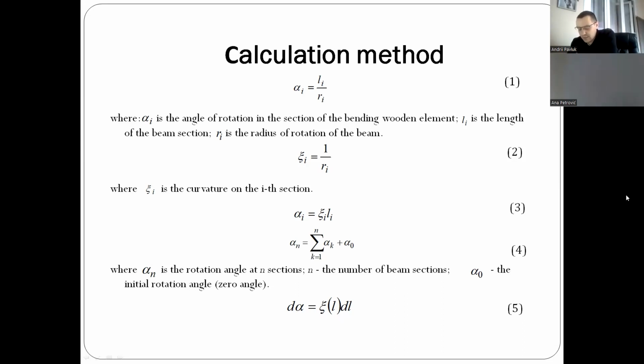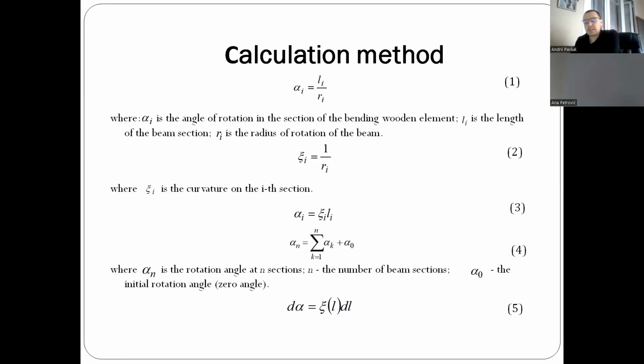The rotation angle of the two edges of this section of wooden beam will be equal to formula number 1, where alpha is the angle of rotation in the section of the bending wooden element, L is the length of the beam section, and R is the radius of rotation of the beam.